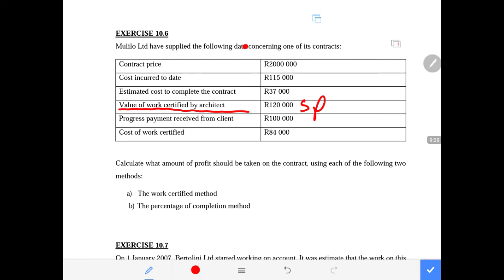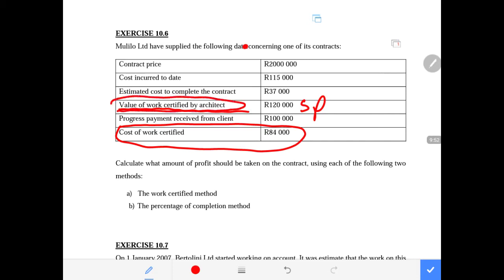Now, if this is the selling price of a product, how then can we go back and calculate the cost price of that product? In this case, we're talking about the value of the work that is certified, which is the selling price of the work. The cost of the work that is certified is the cost to construct the work if it's a construction industry.